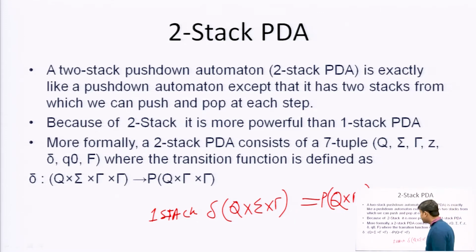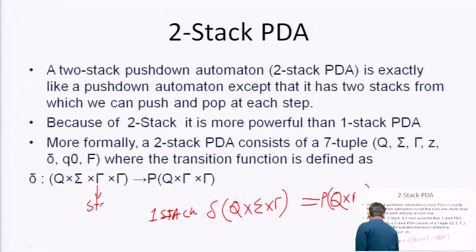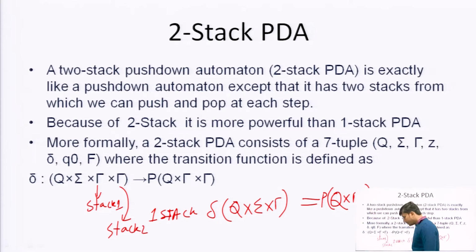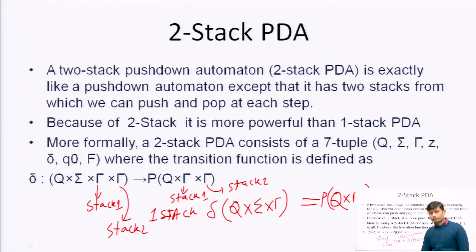But here we are taking two stacks. The input alphabet is the same, and this is stack 1 and this is stack 2. So here we are using two stacks, and after the operation we again have stack 1 and stack 2.